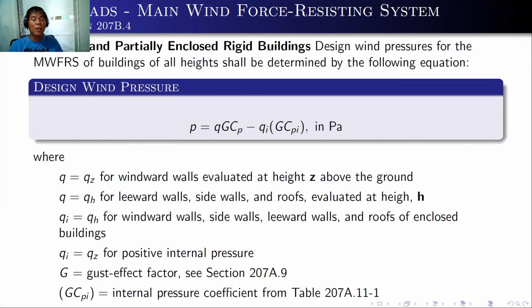So take note, qz is the windward wall evaluated at height z, and qh for leeward walls, side walls, and roof evaluated at height h.